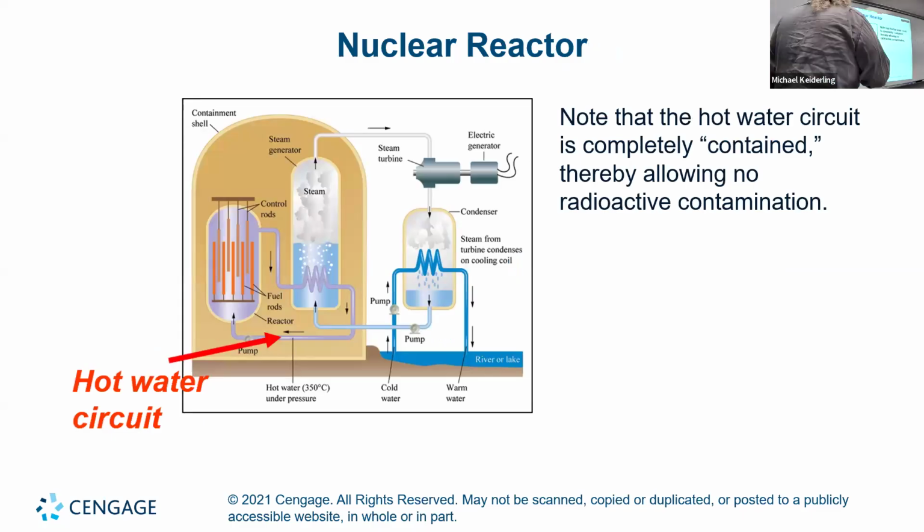So this is how it works. You have control rods, you have a hot water circuit, which is at high pressure. So it never actually becomes steam. And then you have a lower pressure circuit that boils the water to steam and drives the steam turbine. And then that is cooled with outside things. So the hot water circuit is completely contained, so there's no radioactive contamination.